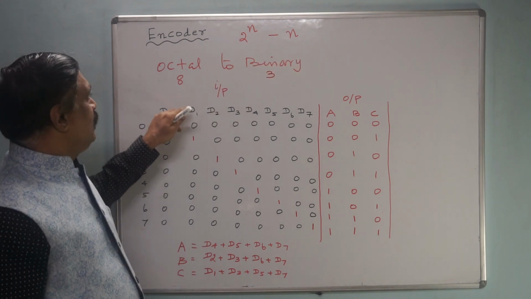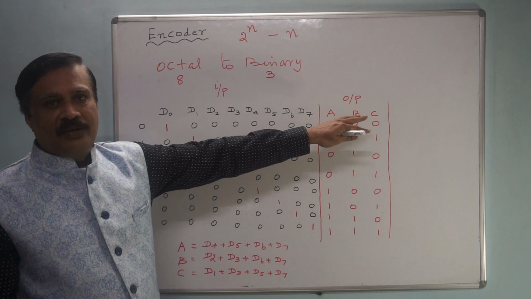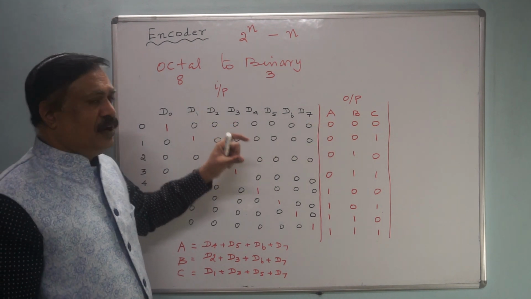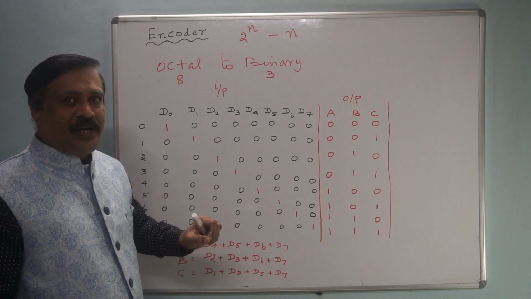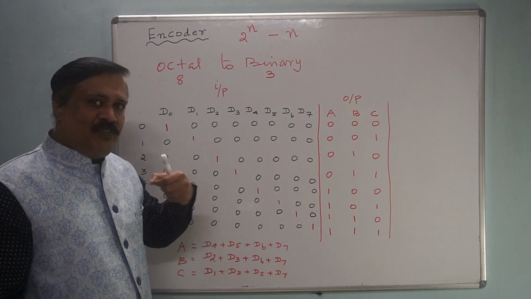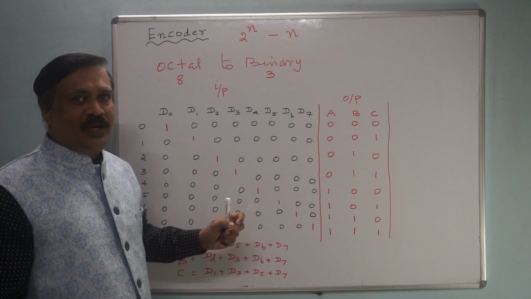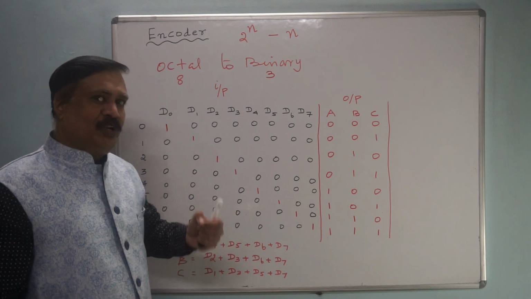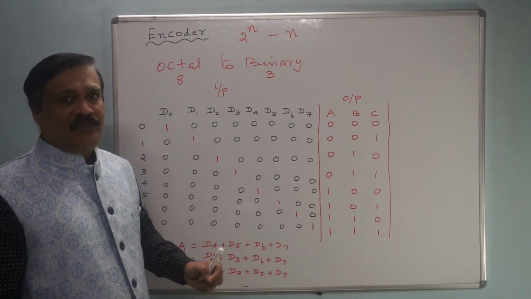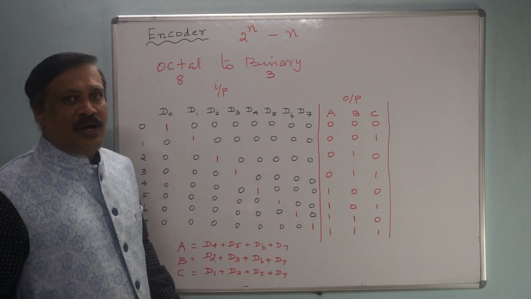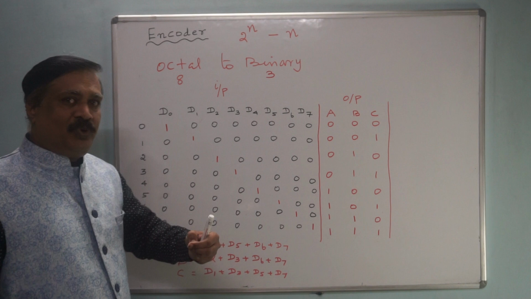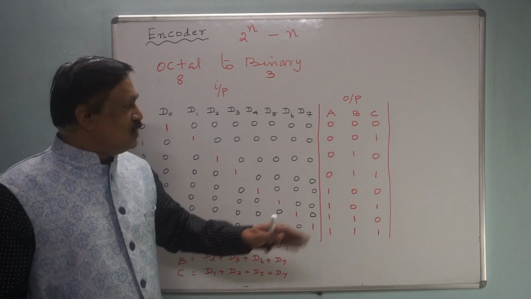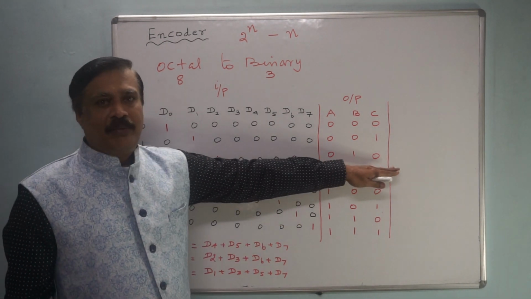Therefore it is an octal to binary encoder. In the encoder we have 8 inputs, but at one time only one input will be high. We cannot give many inputs. At one time only one input is high and that input is generated as an equivalent binary number.